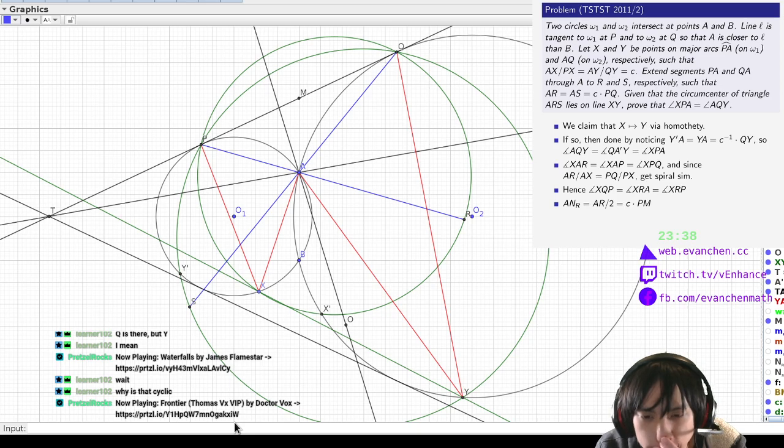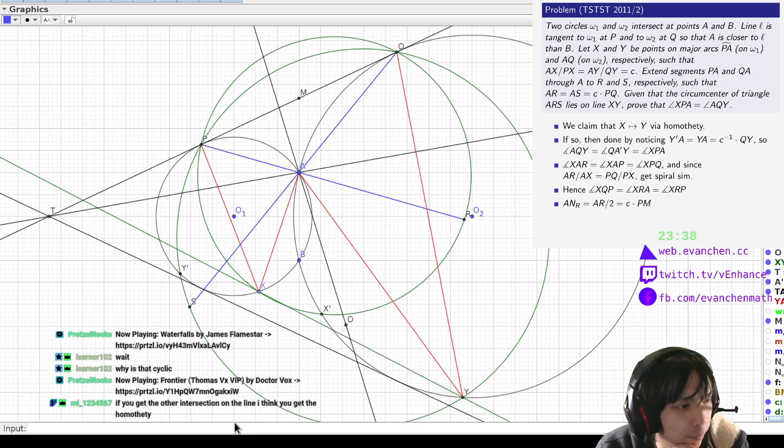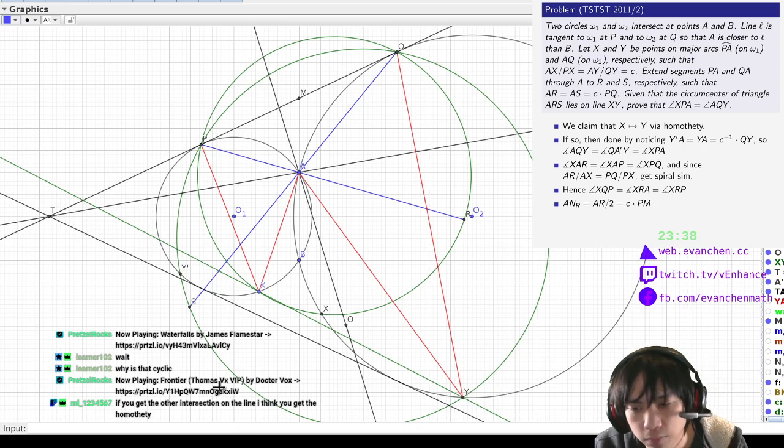Okay, so the spiral sim will tell you that T, X, X prime and T, Y, Y prime should be homothetic things because of power of a point. I think. Is that true? Yeah, by power of a point.